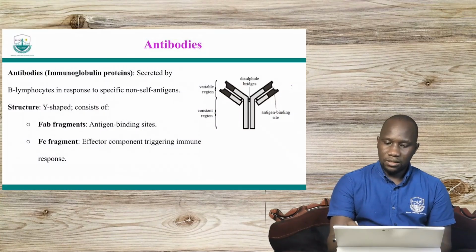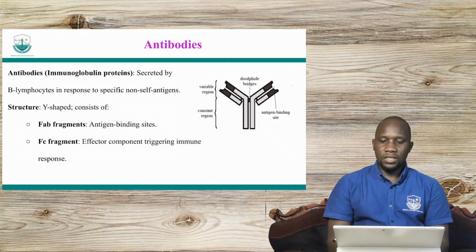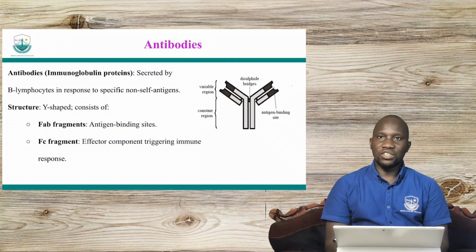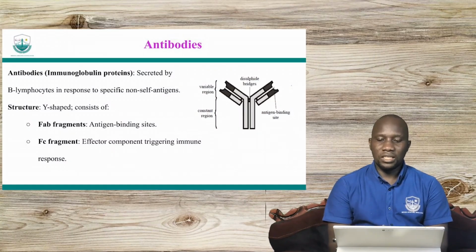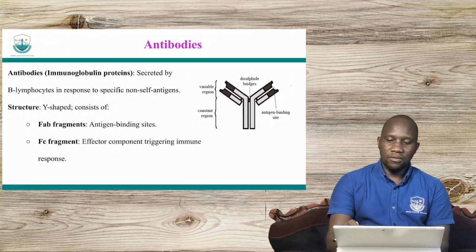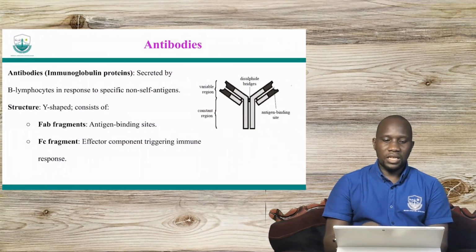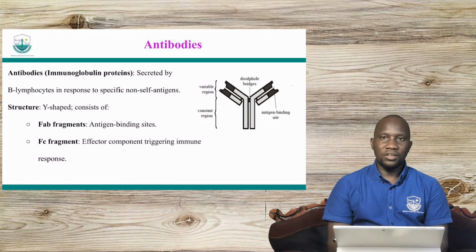This part here, we call it the non-variable region or the constant region. It's the same for any antibody, that's how it is. But this part here, the variable region, it can vary. Remember, different antibodies can be produced for different kinds of antigens.